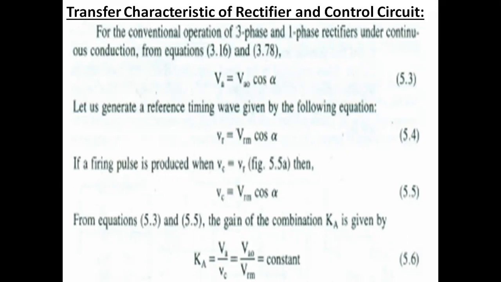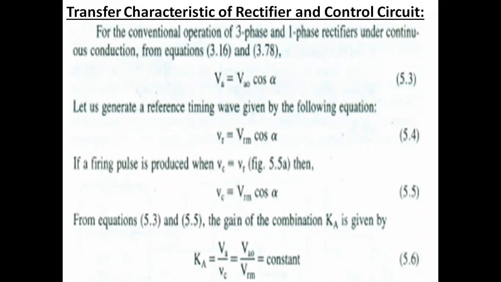To generate a reference timing wave, it is given by VR = VRM cos alpha. If you produce a firing angle where VC = VR, then VC = VM cos alpha.